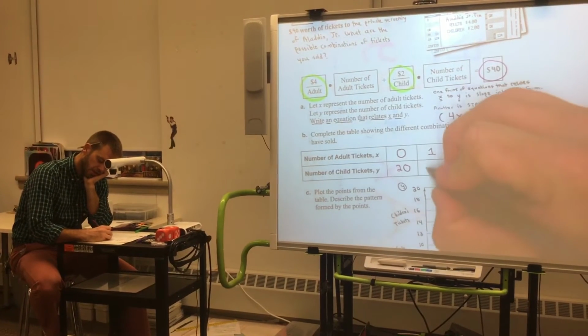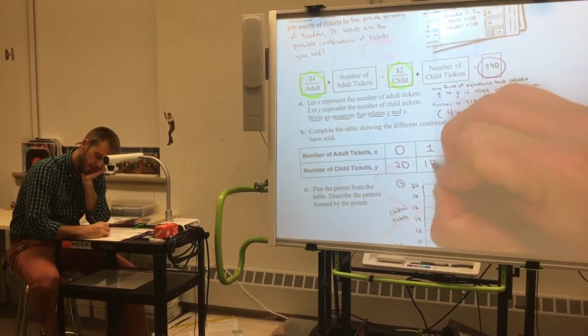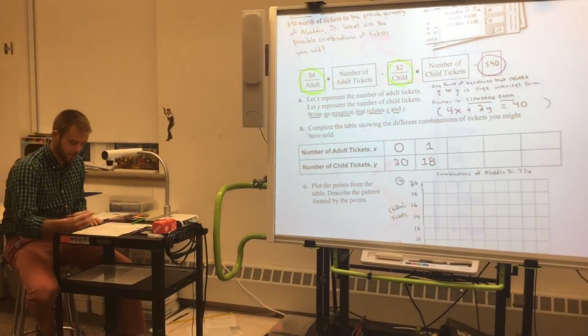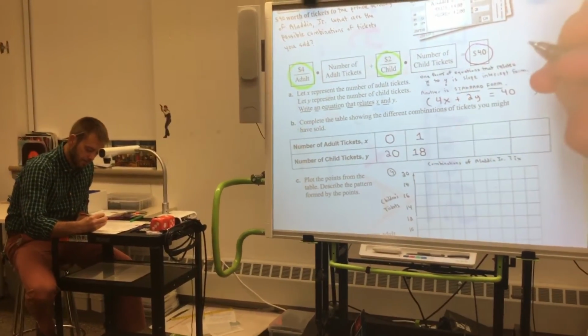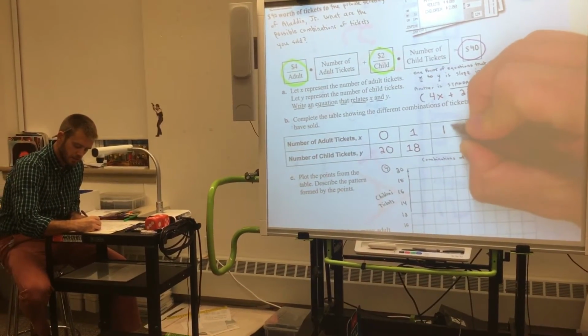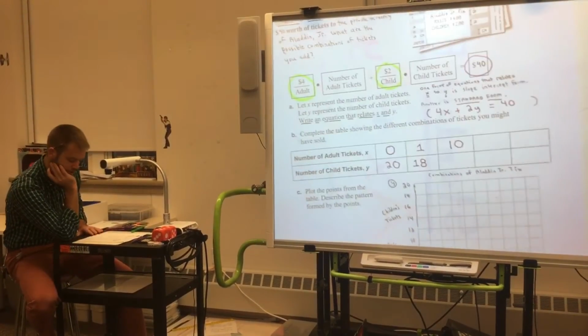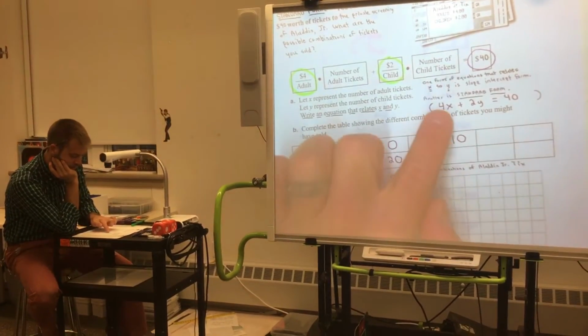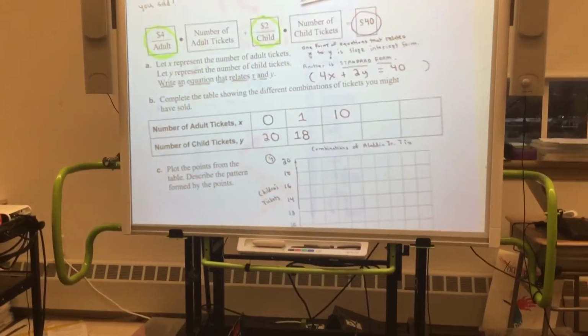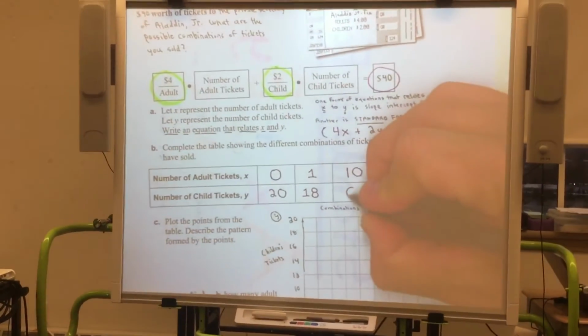I could sell 18 children's tickets. Okay, we can continue with this. I might just go ahead and do, could I do 10? I sold 10 adult tickets, and this is just a think aloud. 10 times 4 is 40, so the number of children's tickets I would have sold would be 0.